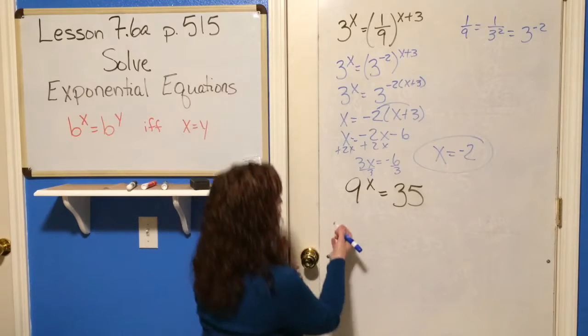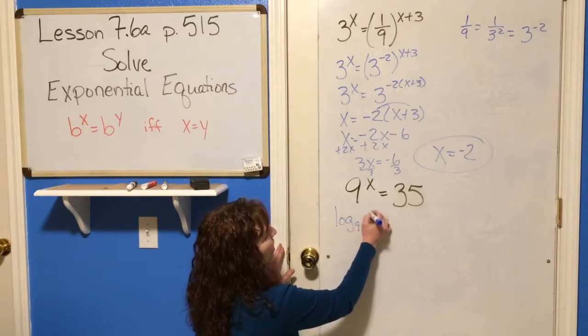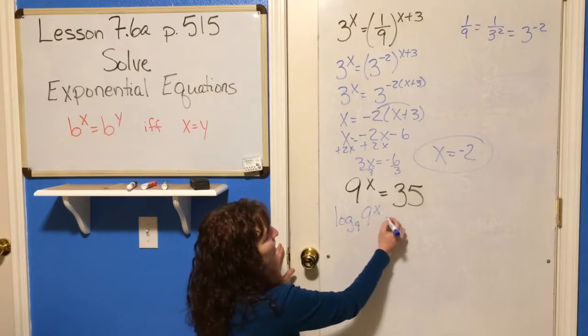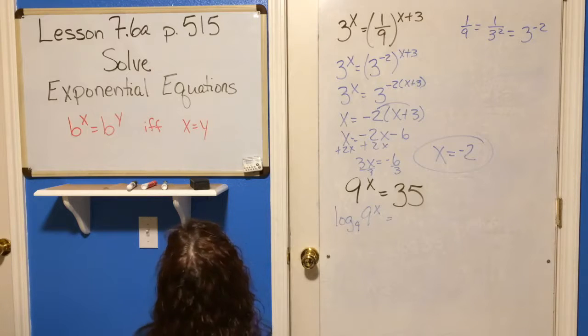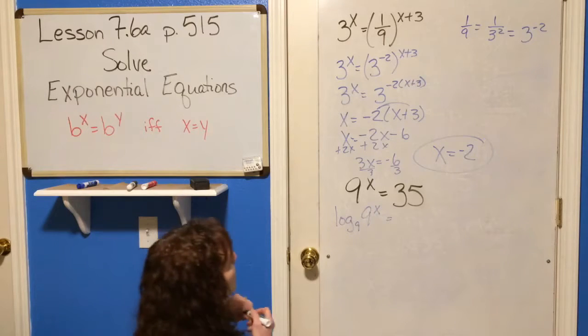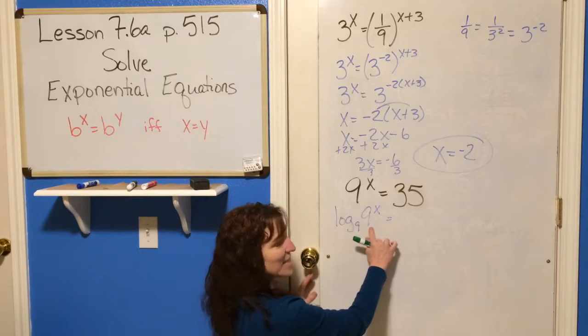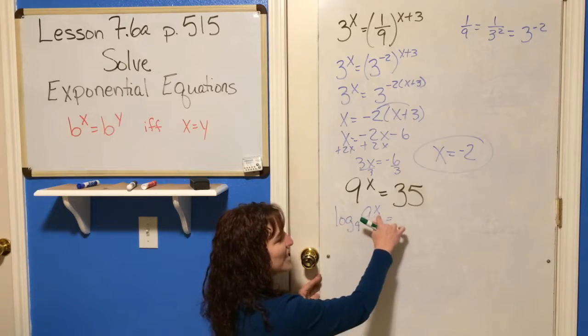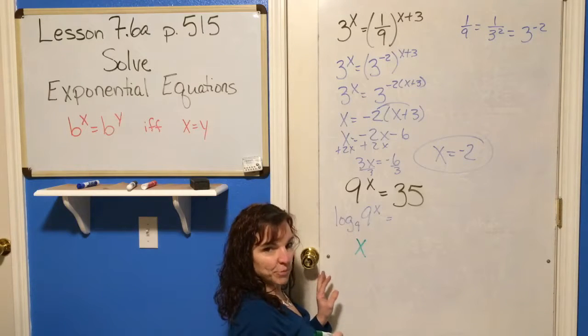So what we can do is we can take the log base 9 of 9 to the x power. And if we do that, my goodness, this marker, let's switch to green. Can you do that? All right. Log base 9 of 9 to the x power is simply going to be x, right?